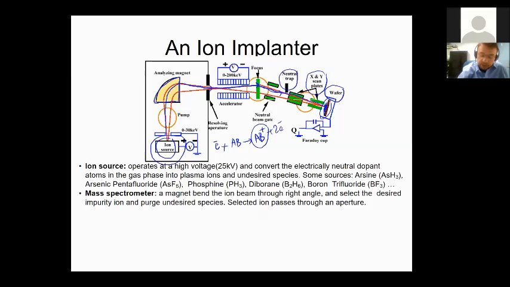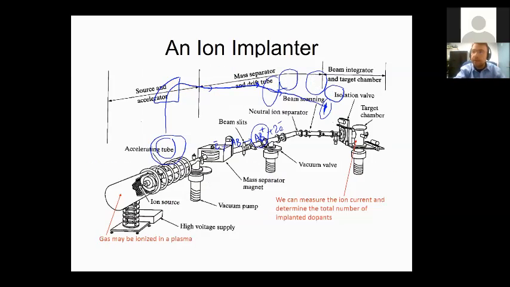We will capture them here along the way. So all these electrostatic ion optics, that's what we call it, will enable us to guide the ions, to filter out the neutral particles and to nicely make sure that they will go to the selected portion of the wafer.